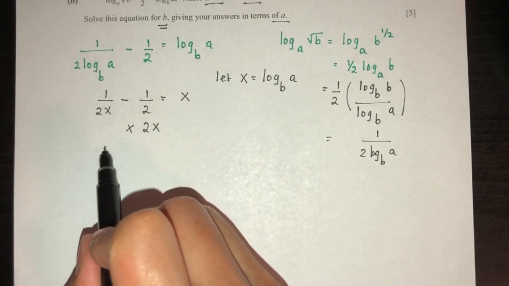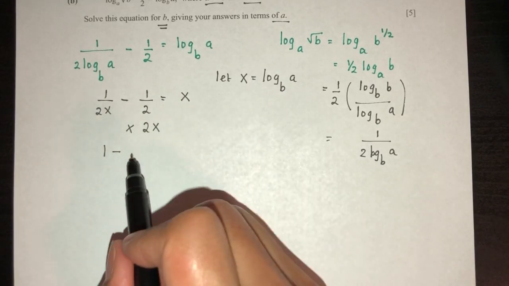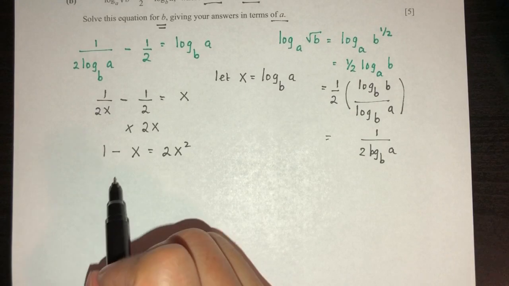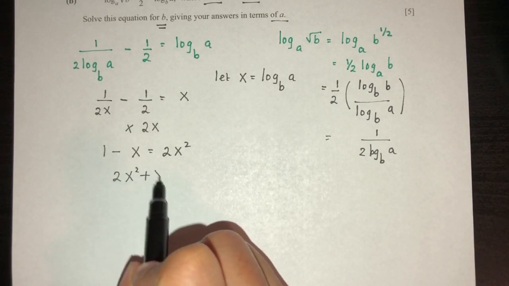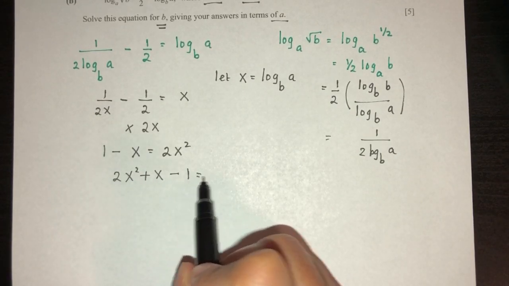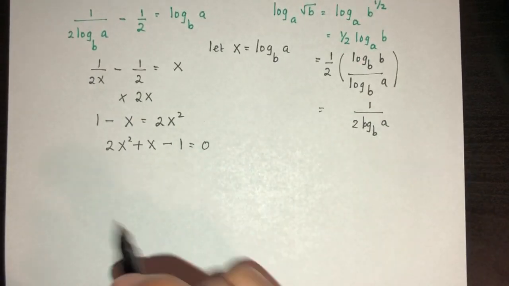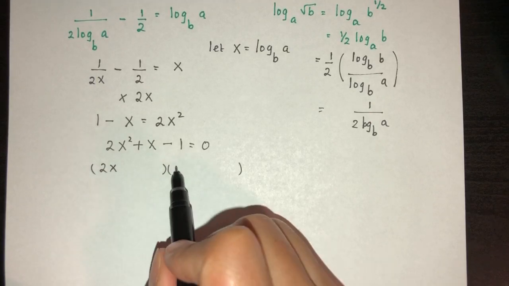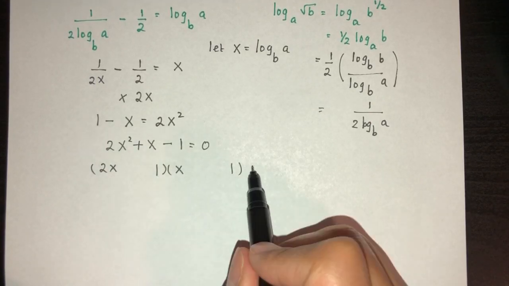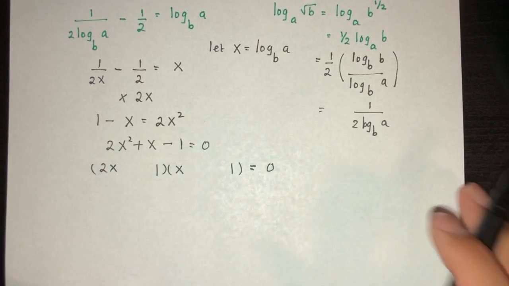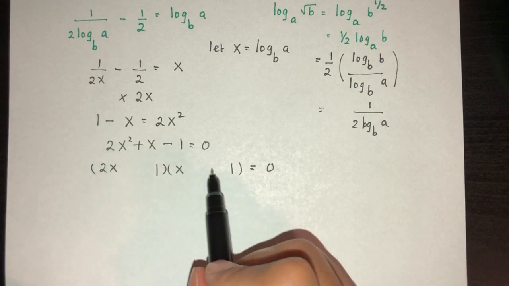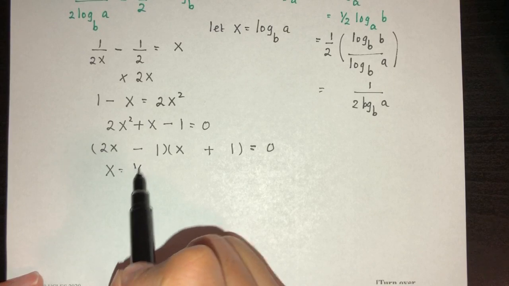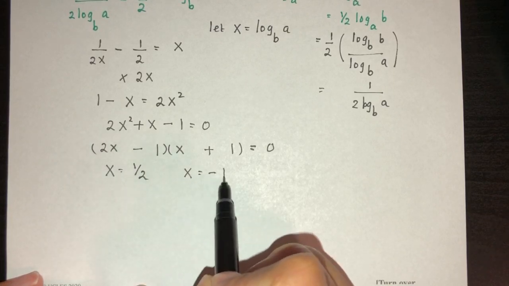You will have 1 minus x equal to 2x squared. So you have 2x squared plus x minus 1 is equal to 0. Now factorize, you will have 2x minus 1 times x plus 1 equal to 0. Now for us to get plus 1, we have to have plus 2 minus 1. So x will be half, x will be minus 1.